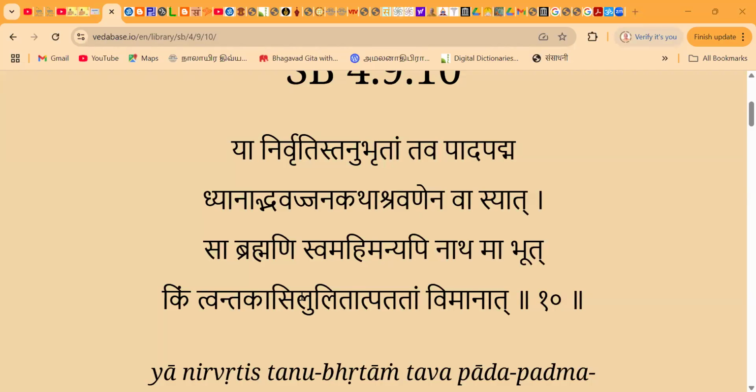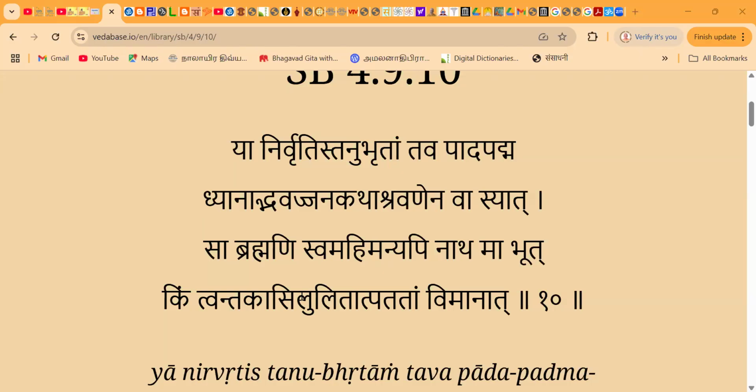If the bliss from bhakti is much greater than the Brahmananda, then you don't even have to ask. Then what to speak of the happiness from the heavenly planets?